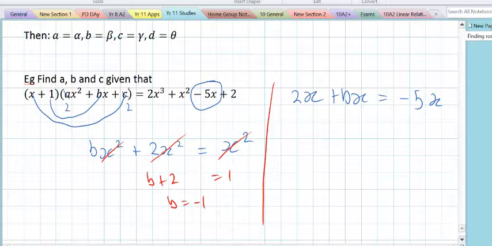The first one, because if you want to get an x cubed, you have to do x multiplied by ax squared. So a is 2. 1 multiplied by 2. A is 2.